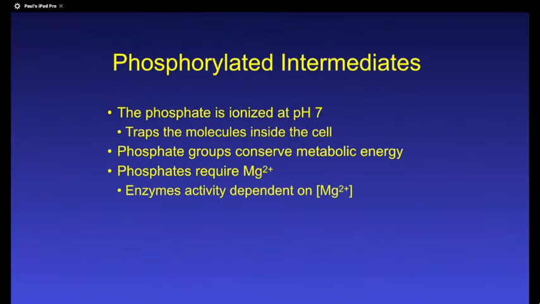One thing that we need to look at in terms of glycolysis is that all of the intermediates are phosphorylated. Okay? That means a phosphate's added to it. The phosphate at normal pHs within the cell means that all the phosphates are negatively charged. The negative charge traps molecules inside the cell.